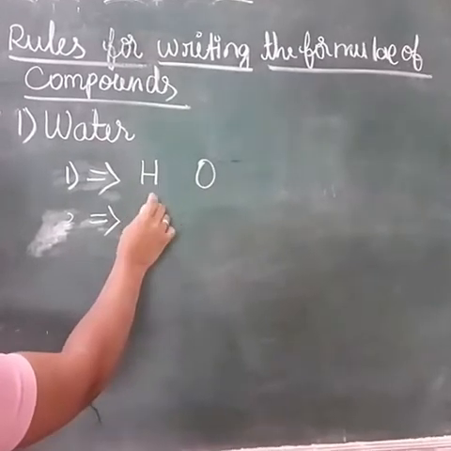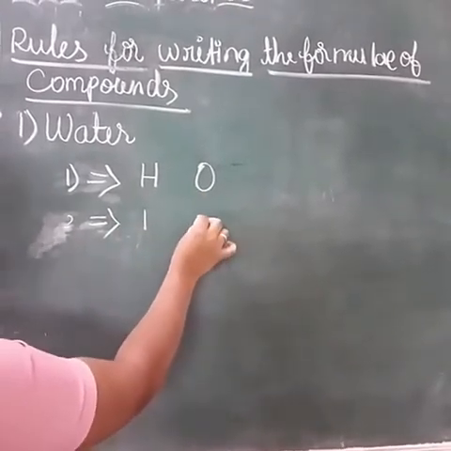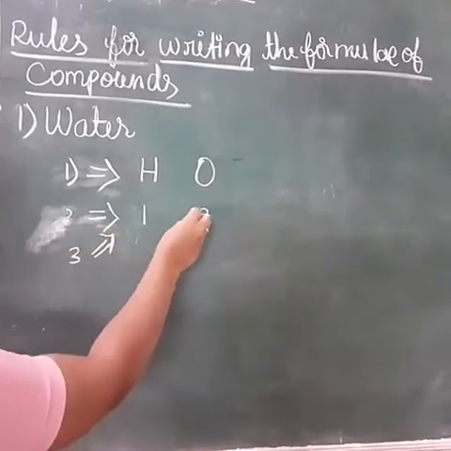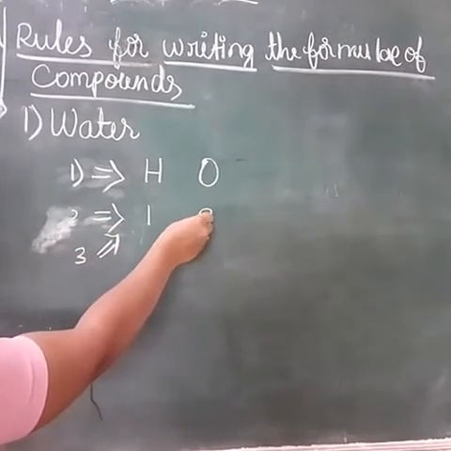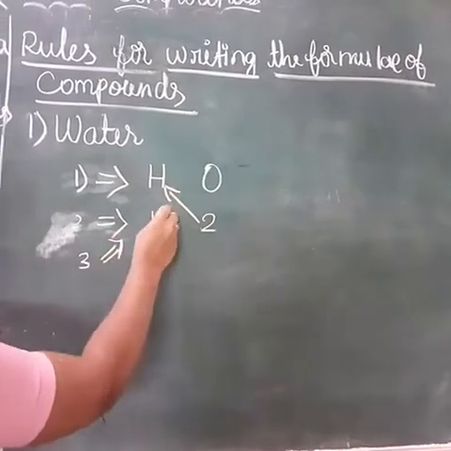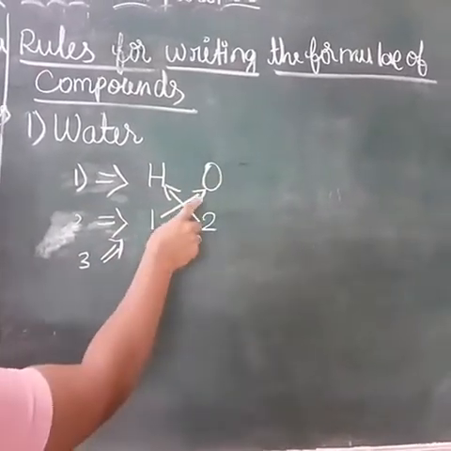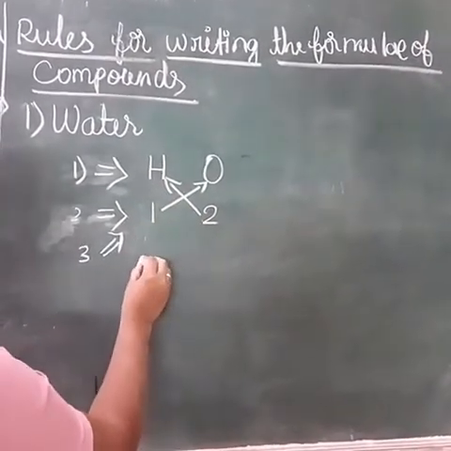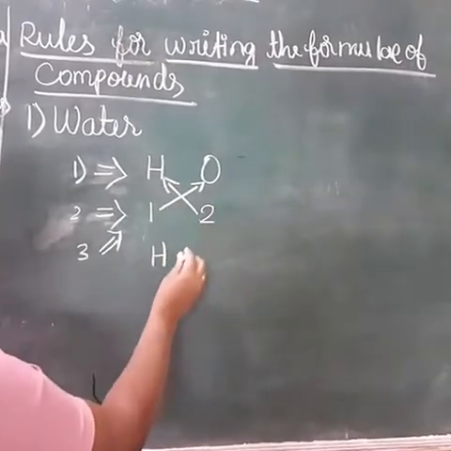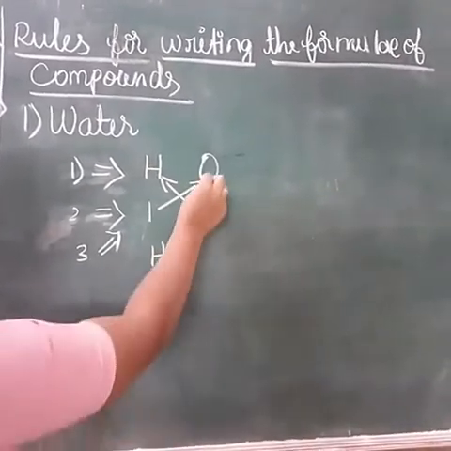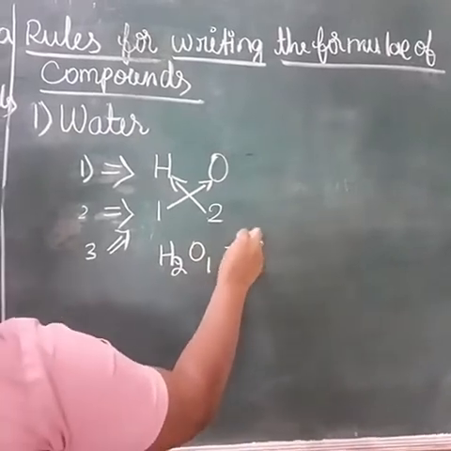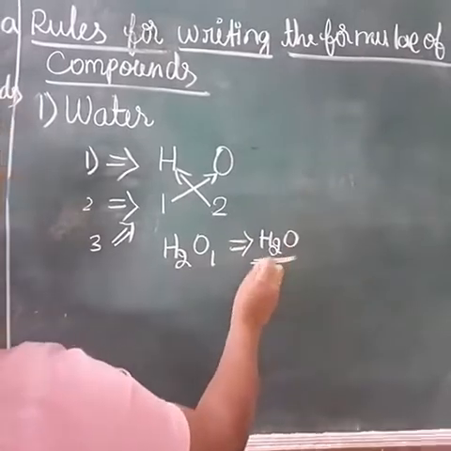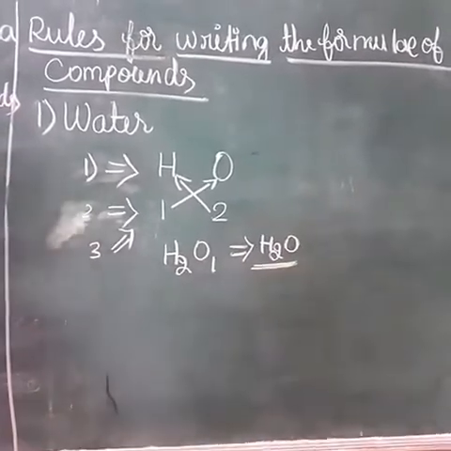What is the valency of hydrogen? 1. What is the valency of oxygen? 2. And the third step, interchange the valencies of the combining elements and write them as subscripts. H2 and O1. And it can be written H2O. It is the molecular formula of the compound water.